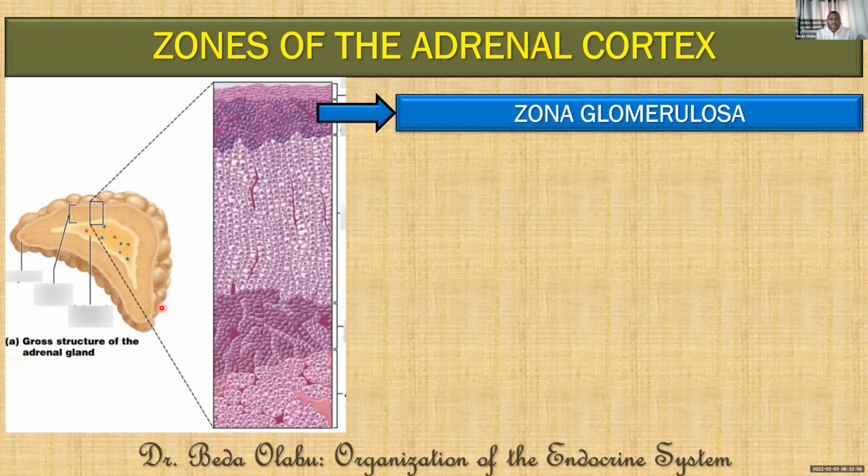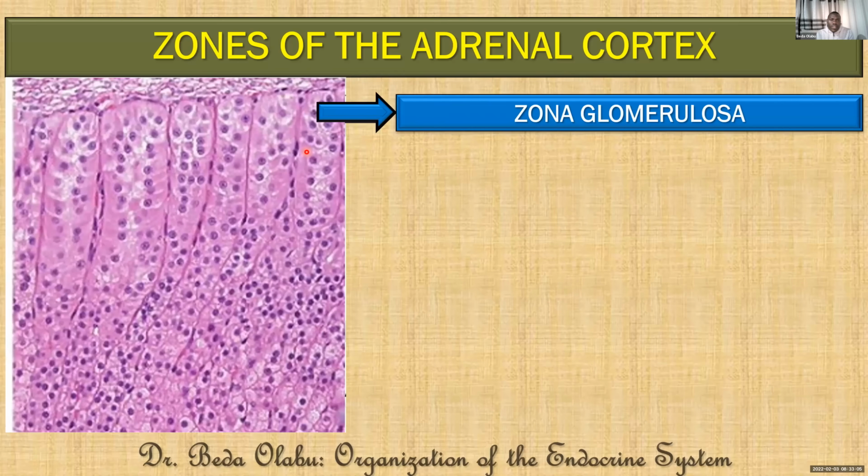Zona glomerulosa consists of cells arranged in arcing cords. The cords of the zona glomerulosa are arcing or circular. Remember, they're just beneath the capsule.